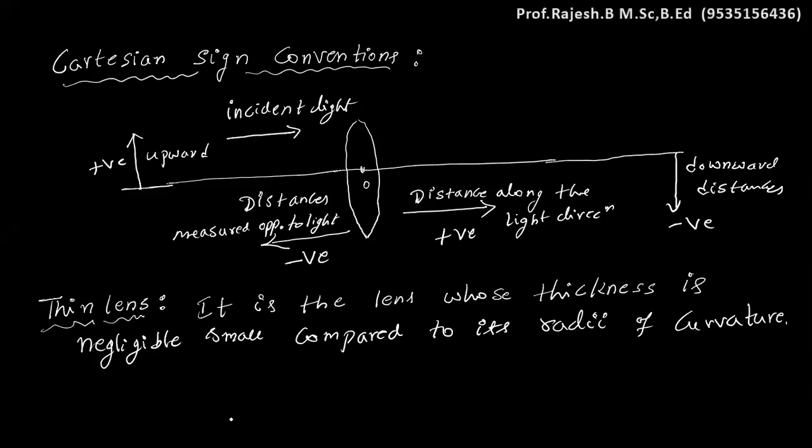The thin lens formula can be given as 1 by f is equal to 1 by v minus 1 by u. So this is called the thin lens formula.